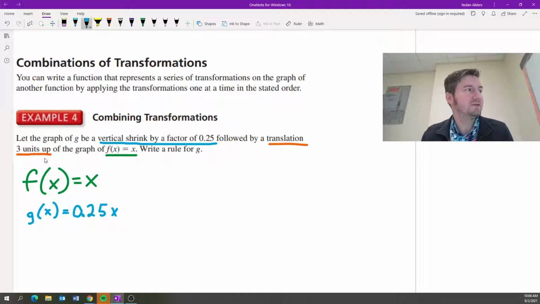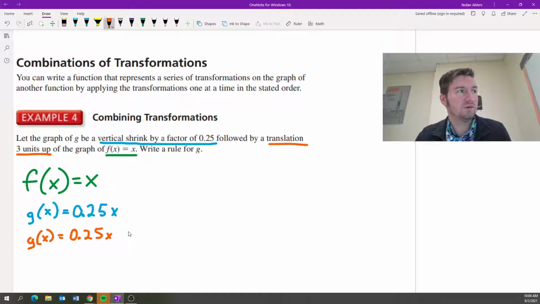Now for the translation 3 units up, remember that when we're moving up and down, we'll just add or subtract onto the end of the equation. So our final equation is going to be g of x equals 0.25x, and then we're just going to add on 3, plus 3.